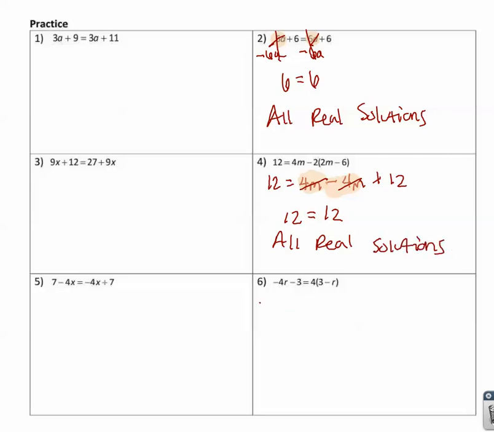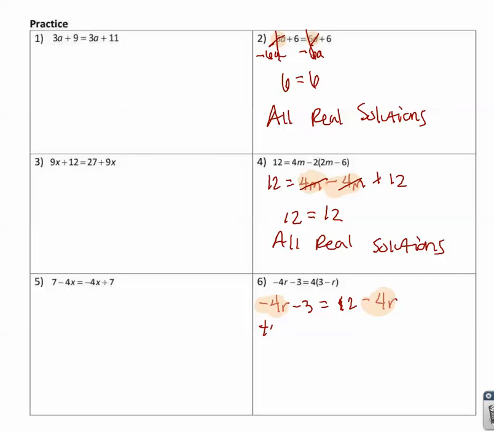Looking at the last one, same concept. You need to distribute first to get 12 minus 4r. Notice how you have negative 4r on the left side and a negative 4r on the right side.